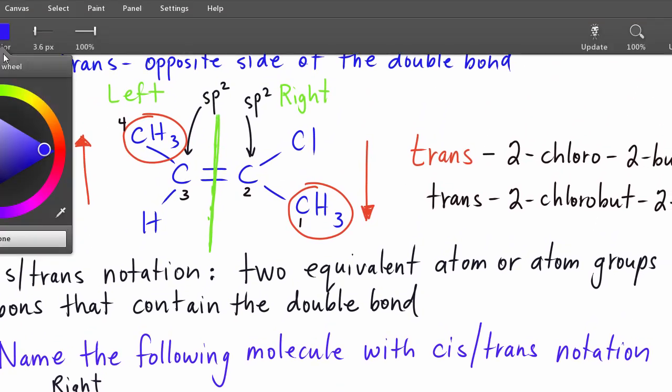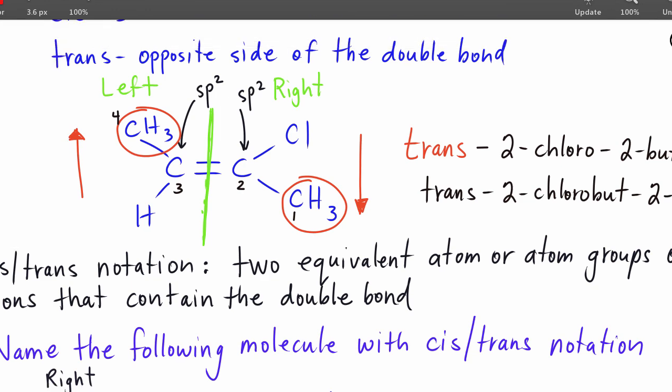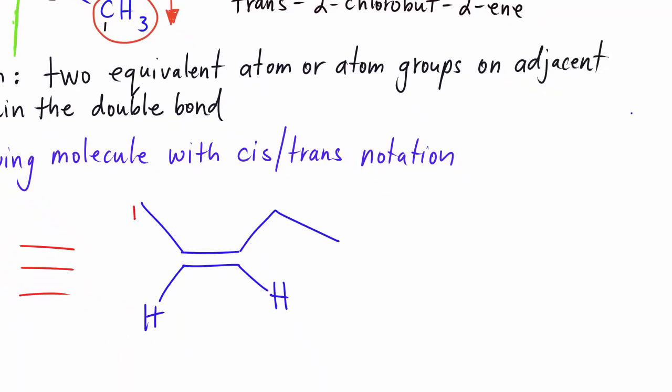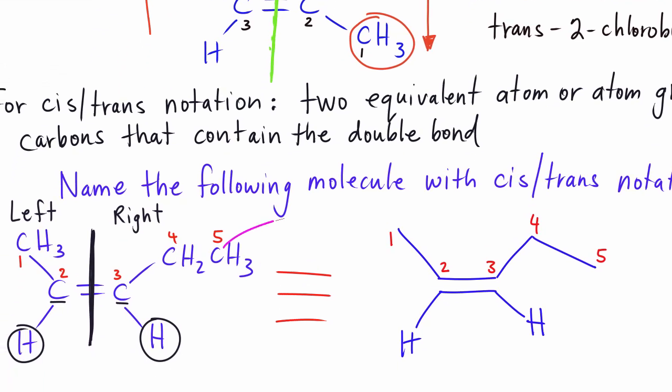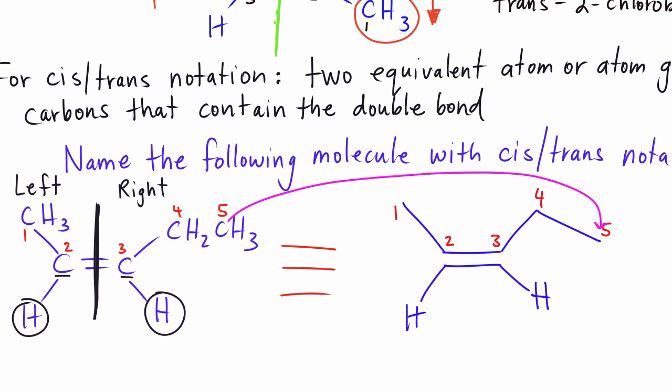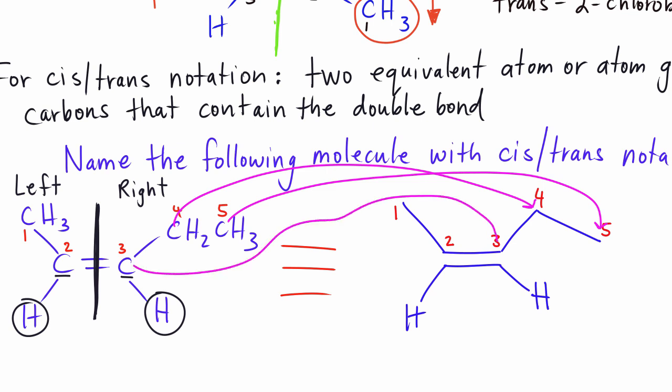Okay, let's look at our numbering and see, is our numbering correct? 1, 2, 3, 4, 5. Everything corresponds. All right, this may be a little messy, but this would represent that CH3. This would represent that CH2. This would represent that carbon. This would represent that hydrogen.